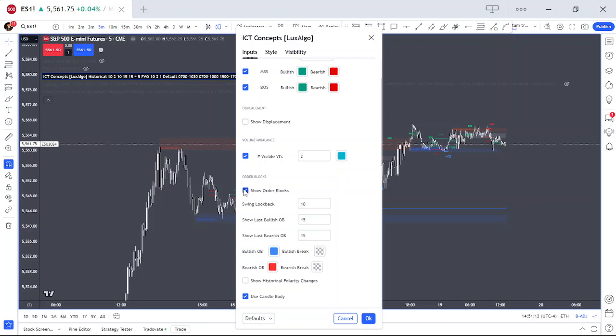Order blocks, we definitely want our order blocks on. I put the swing look back at 10. Actually, I should probably pump that up. Swing look back, probably 50 candles should be fine, I would think.